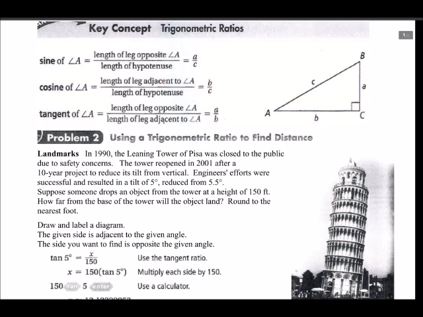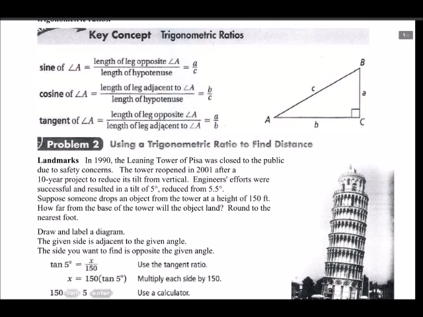Our trig ratios: step 1, you always mark your angle because that determines where everything is. Your formulas that you're going to use are determined by which angle you're looking at. So we mark our angle.